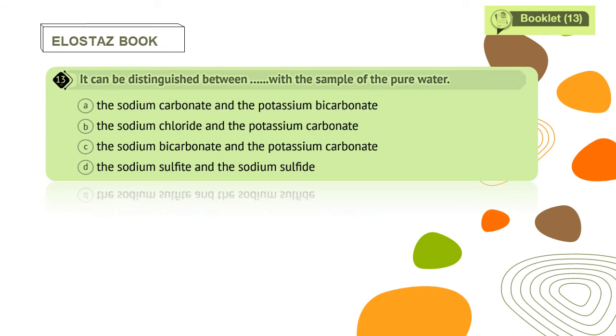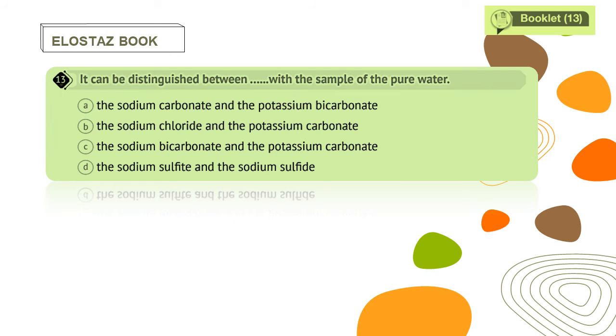Okay, let's discuss our choices. We have sodium carbonate and potassium bicarbonate. Both of them may be soluble in water. Both of them will dissolve in water here, as sodium carbonate is strong and easily ionized, and the potassium bicarbonate is also easily ionized.